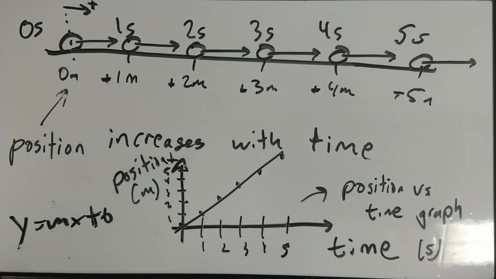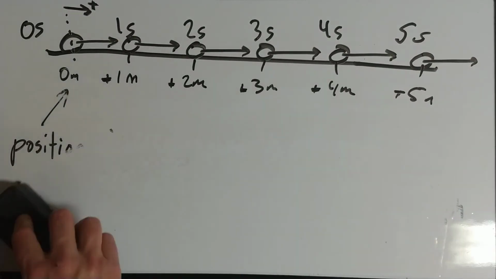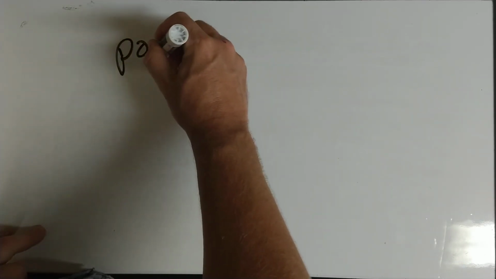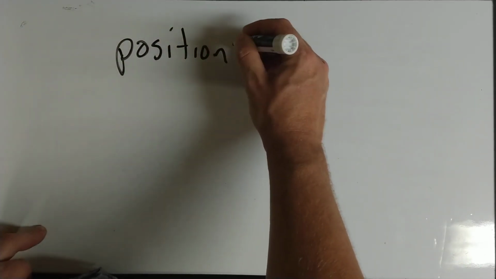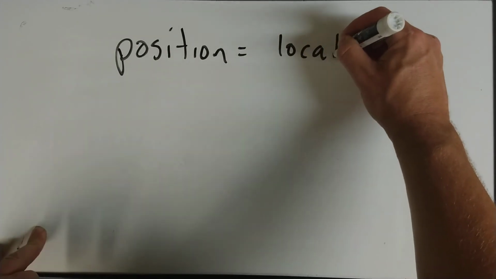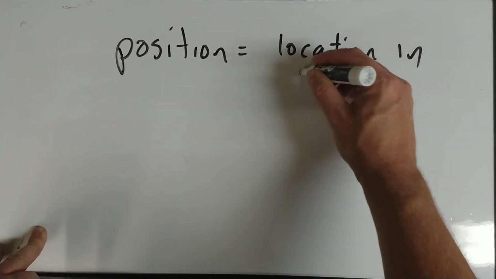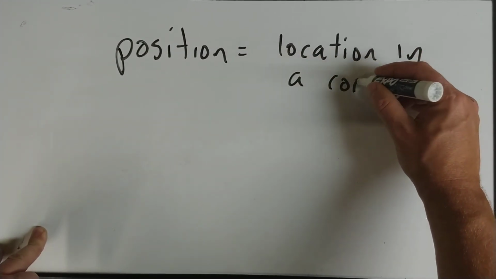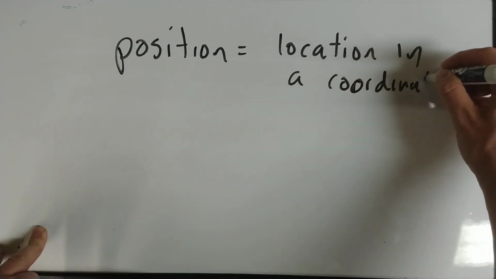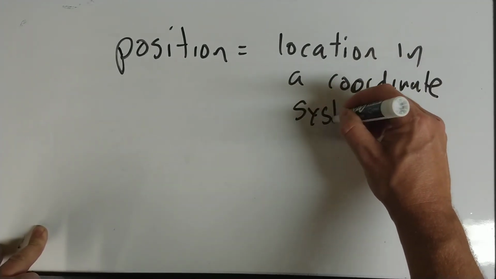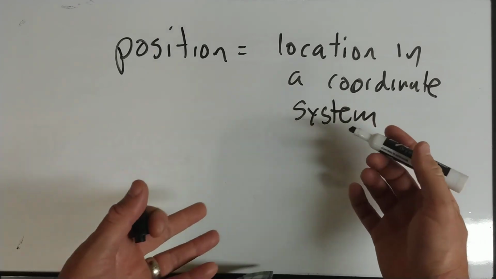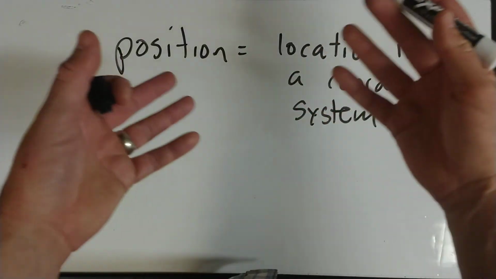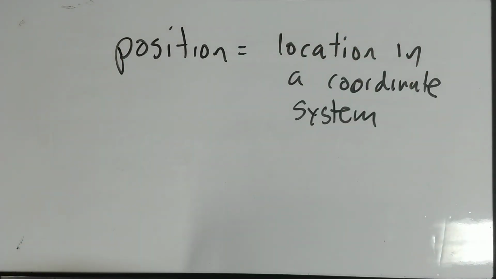All right. Maybe watch that video a couple times. Really, the big takeaways are position, it's location in a coordinate system, or really it's your location in space, your physical location.